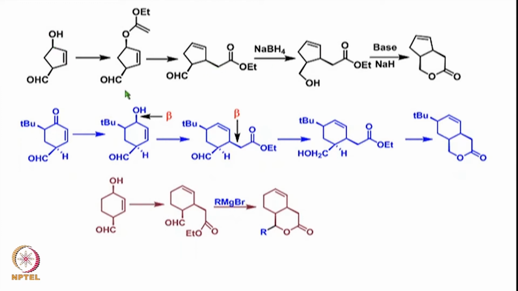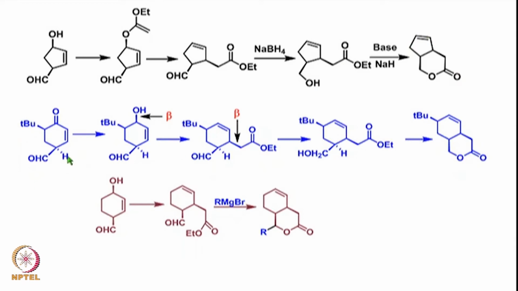Now reduction of this particular aldehyde with sodium borohydride leads to the formation of this primary alcohol, which upon treatment with base allows lactonization to take place and form this kind of bicyclic lactone molecule.